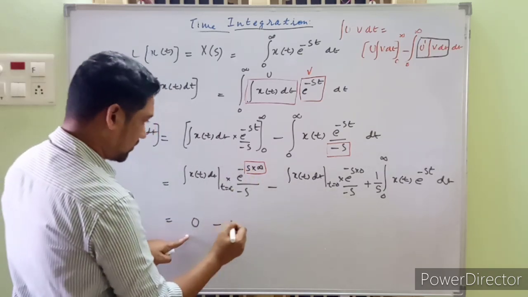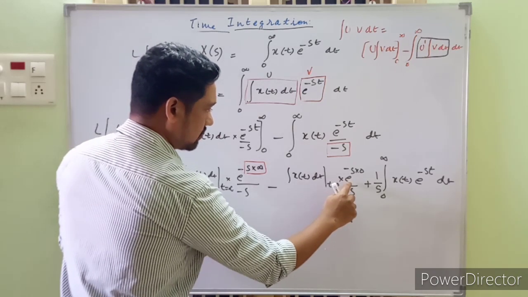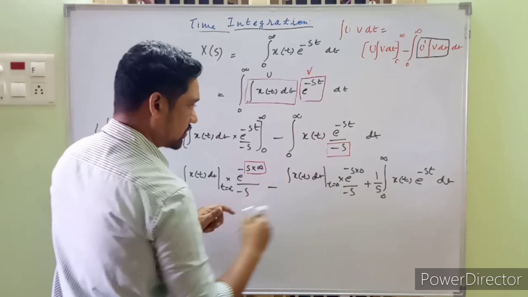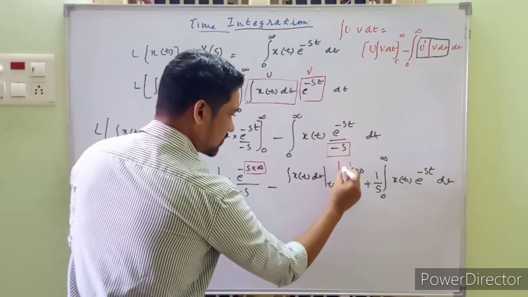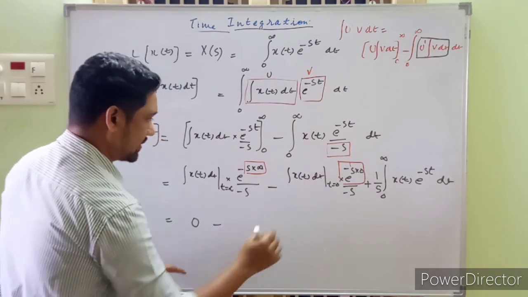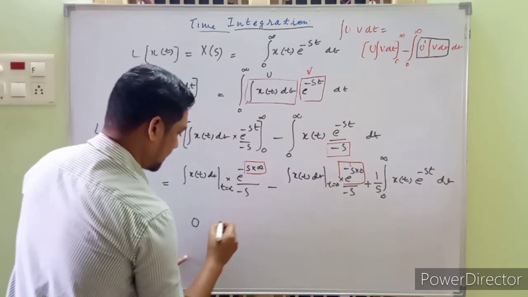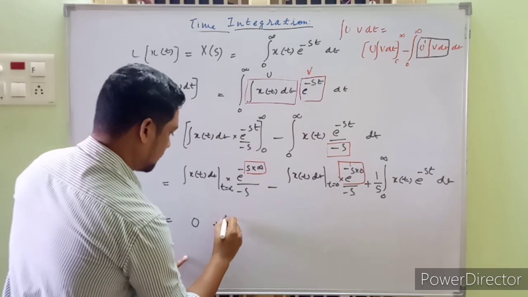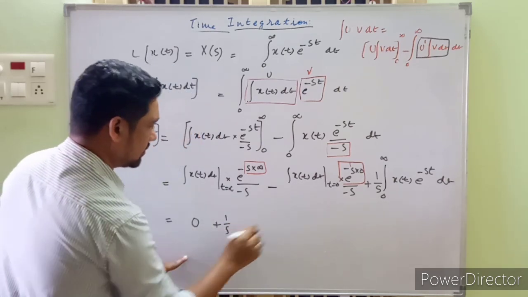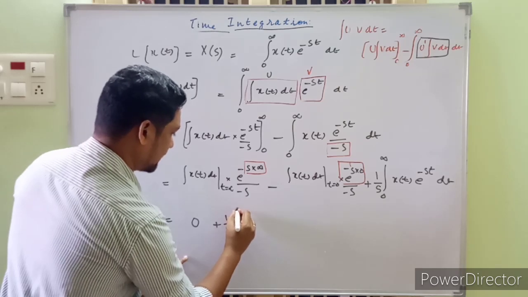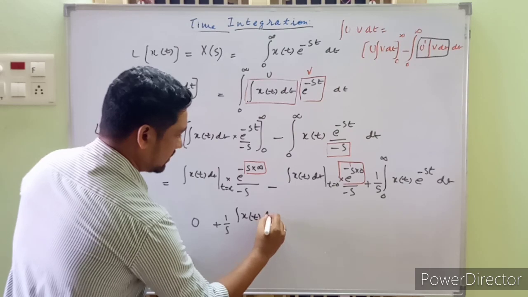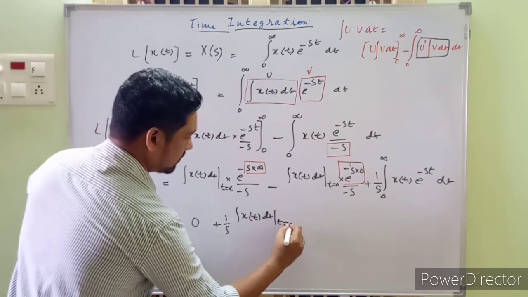And going ahead, e raised to minus s into 0 will be 1, and we'll be left with only this one. This becomes 1, and we will be left with, minus and minus, that will be positive, 1 upon s, and in the numerator we have integral x of t dt at t equal to 0.